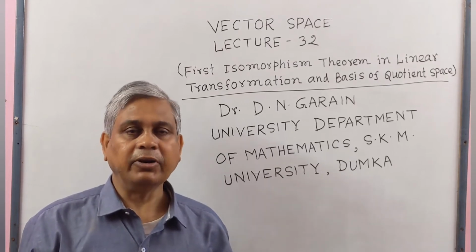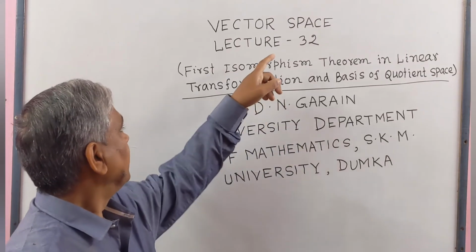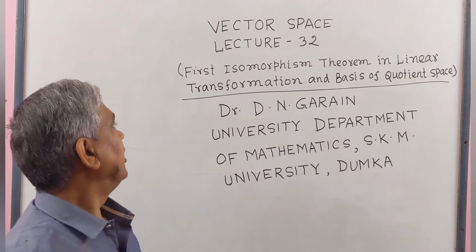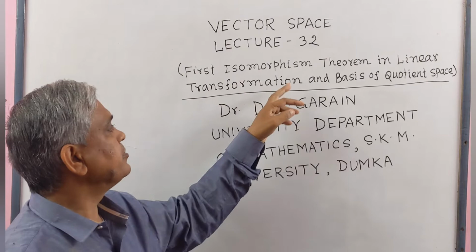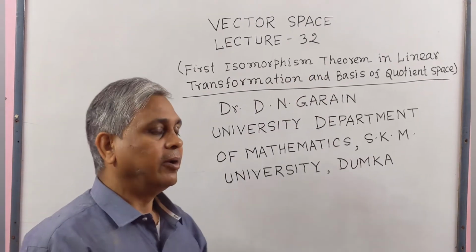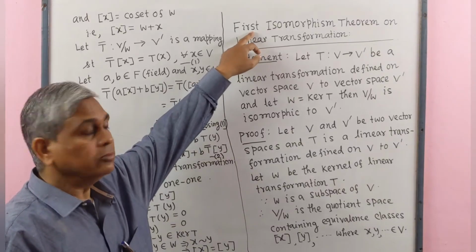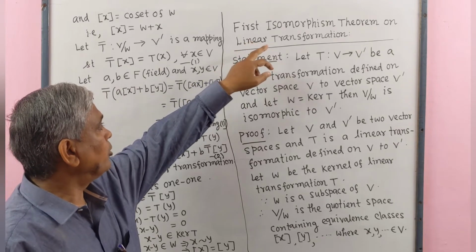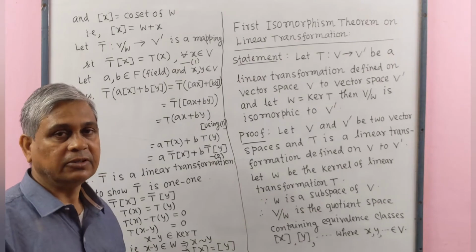Today I will deliver a lecture on vector space, lecture number 32, in which I will discuss the First Isomorphism Theorem in linear transformation and the basis of the quotient space. Now we will discuss the First Isomorphism Theorem on linear transformation.